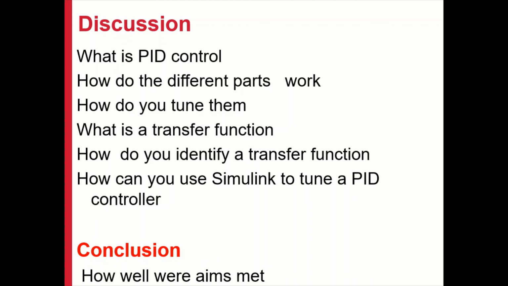Okay, so we've now concluded all of the experiment. So I want you to think about writing this up, and as part of the write-up we need to think of the discussion.